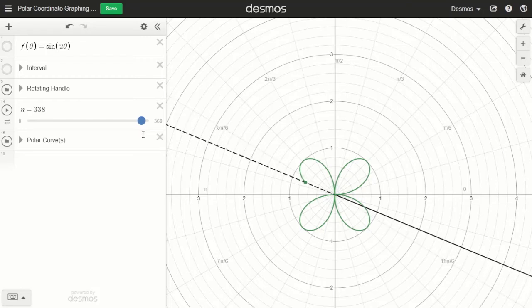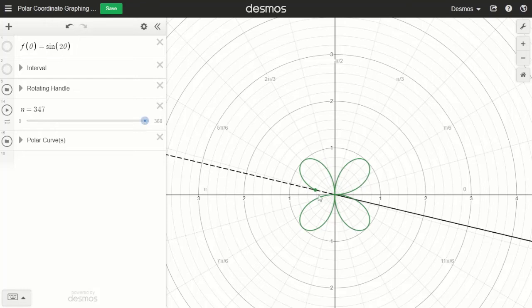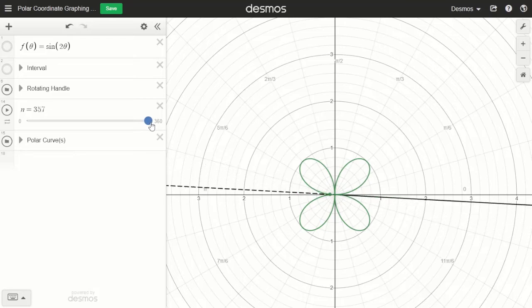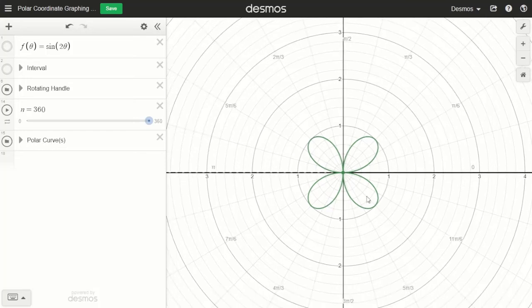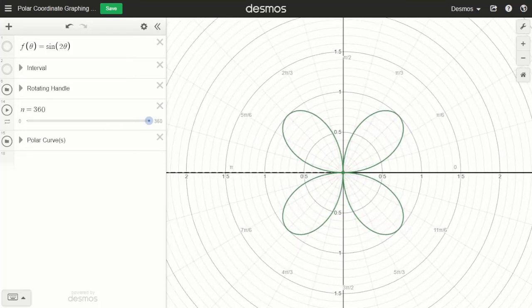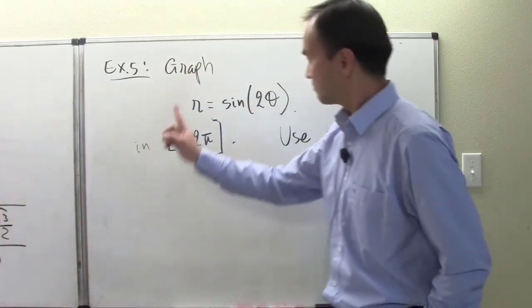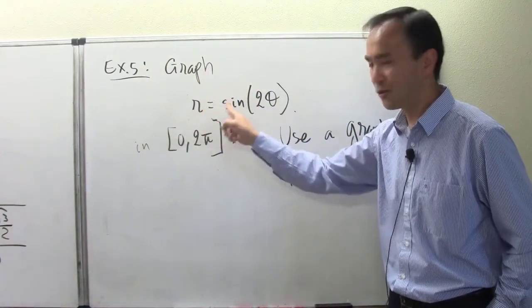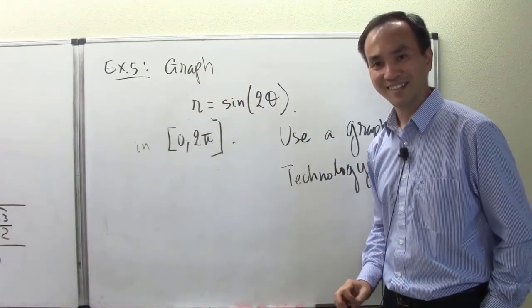With our rotation, we can see where the negative radius has to be at whatever angle that is. Okay, and then we complete our loop here at 360 degrees. And so this is the picture of our polar equation r equals sine of 2 theta.